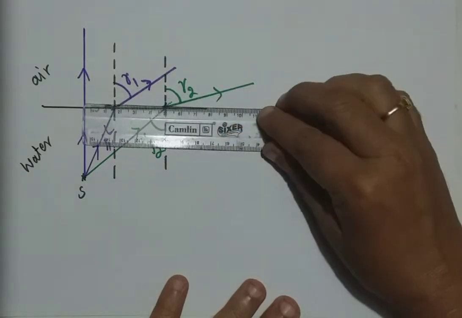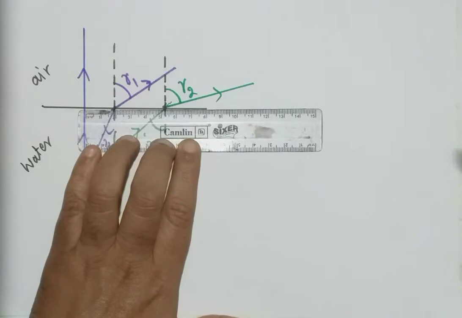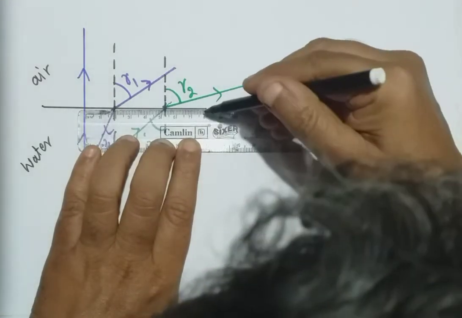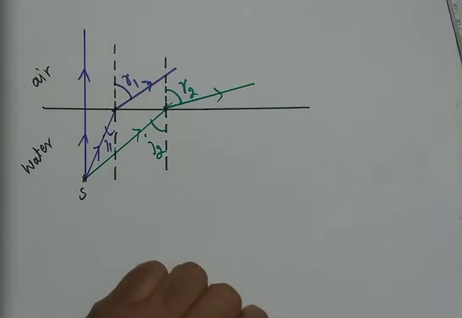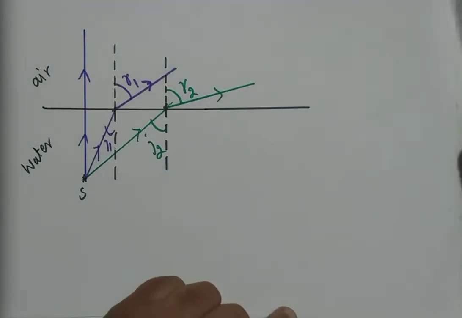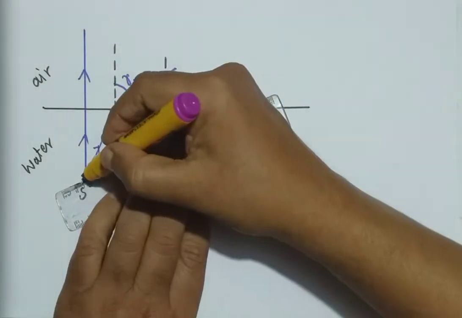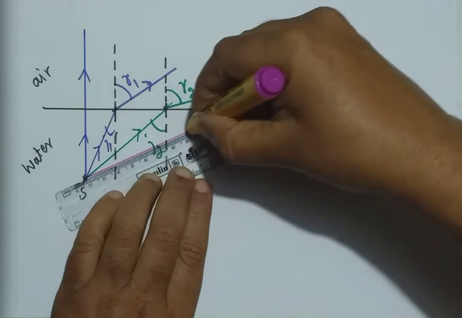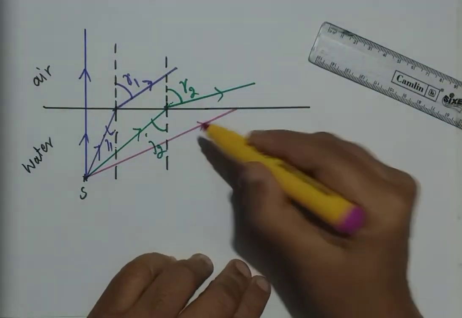Now it comes to our mind, there may be a situation like this. Let me extend this figure like this. There may be a situation like this where a ray of light from the same source is incident at a suitable angle like this.